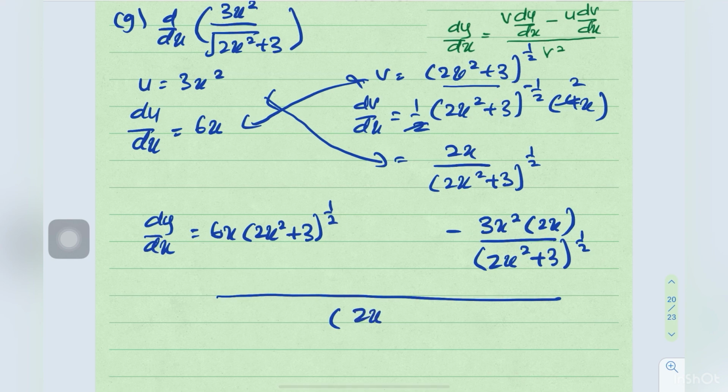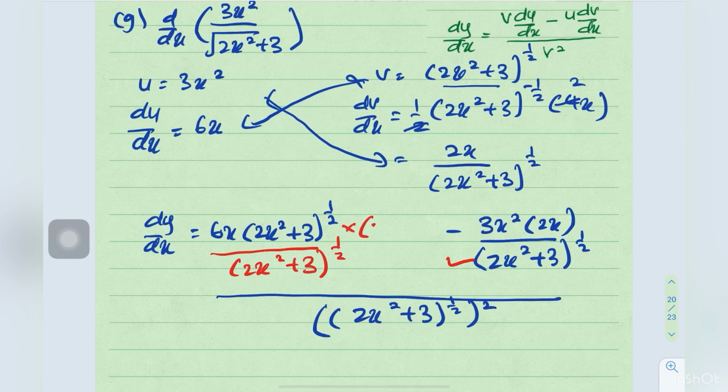So (2x squared plus 3) to the power of 1/2, squared. Okay, so this one equate the denominator. So divide by (2x squared plus 3) to the power of 1/2, so times (2x squared plus 3) to the power of 1/2.